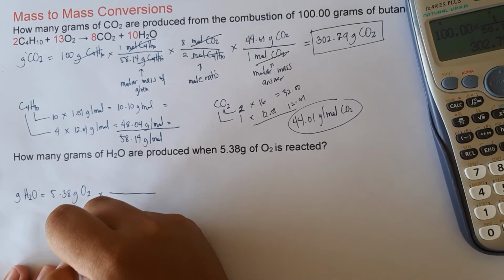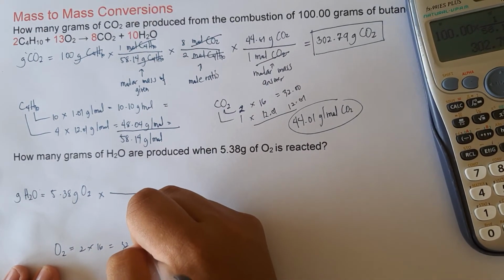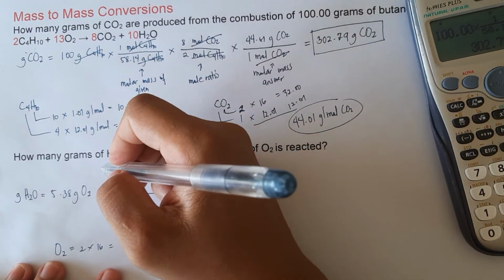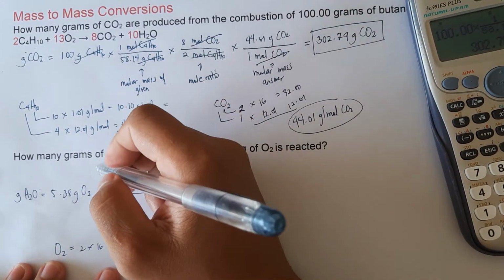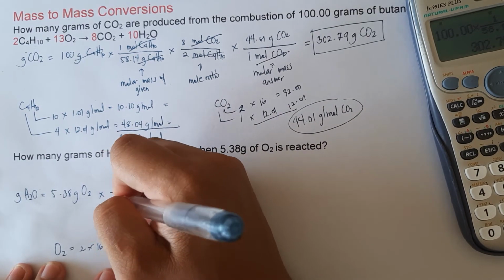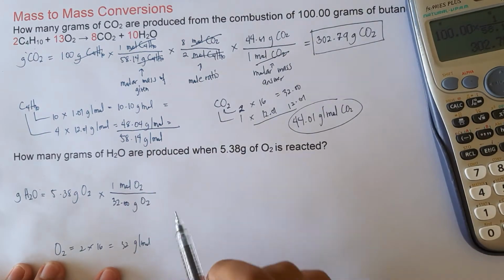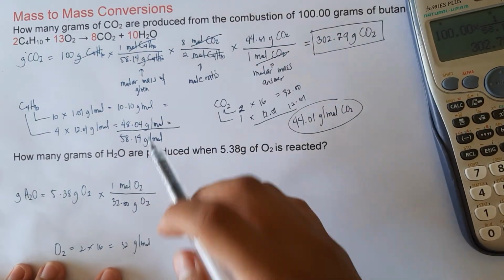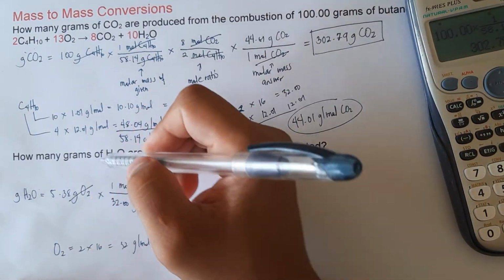So that is 2 times 16, so that will be 32 gram per mole. So in every 1 mole of oxygen gas, there is 32.00 grams of oxygen gas. We can now cancel the unit. Cancel and cancel.